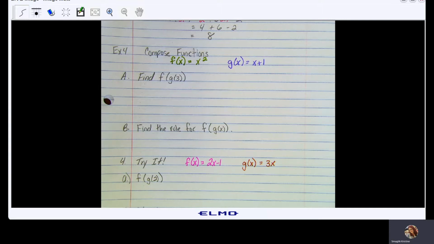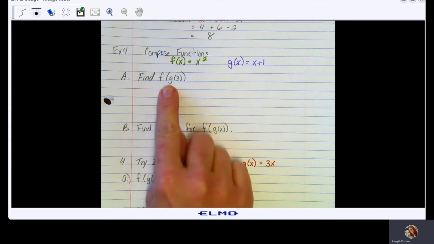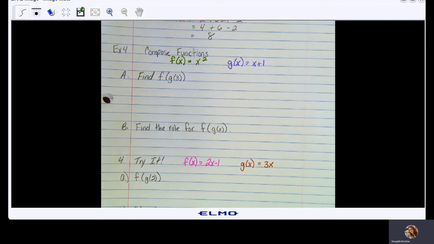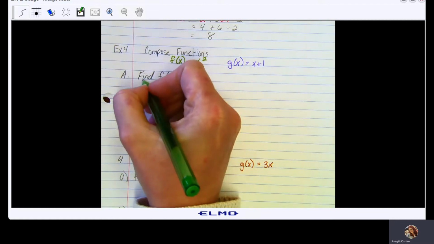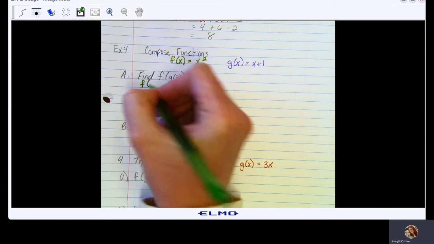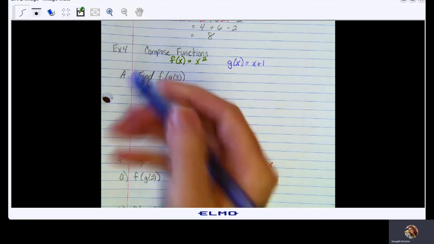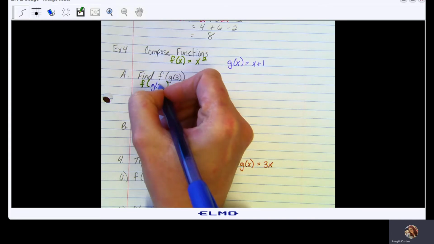So let's write this out. This means that we need g of 3 as our input. We're going to do this in colors, and hopefully everything will come together. So this is f of g of 3.